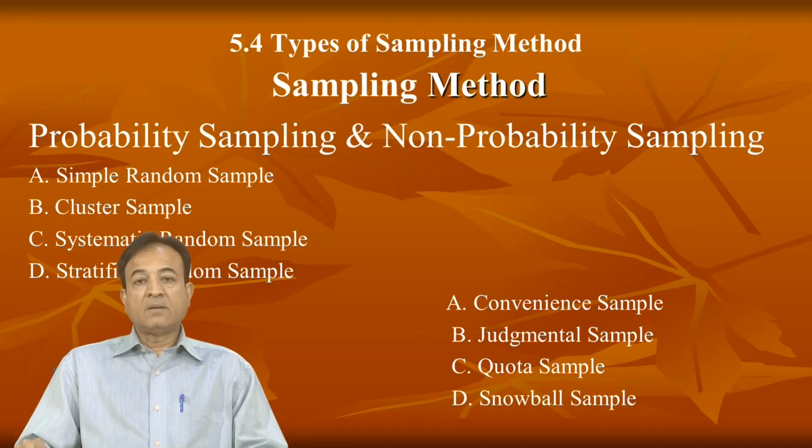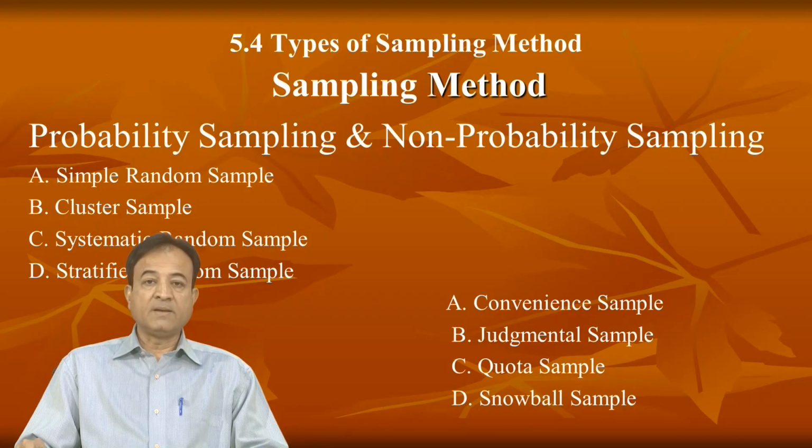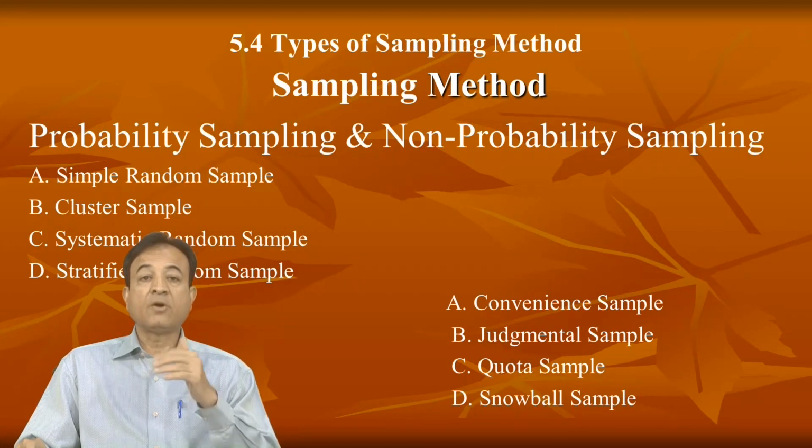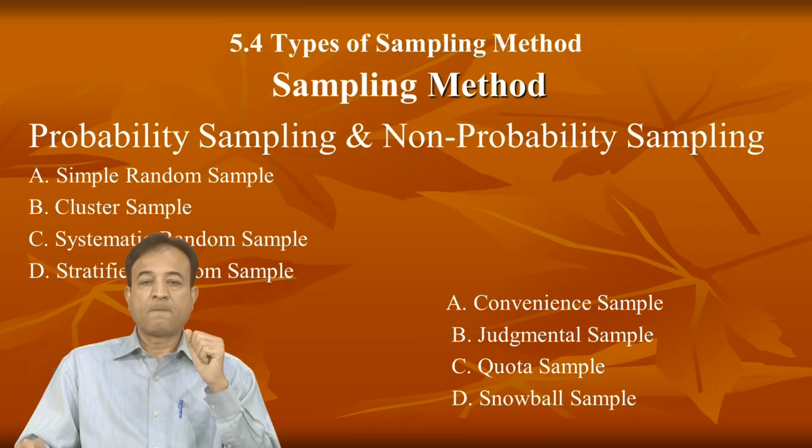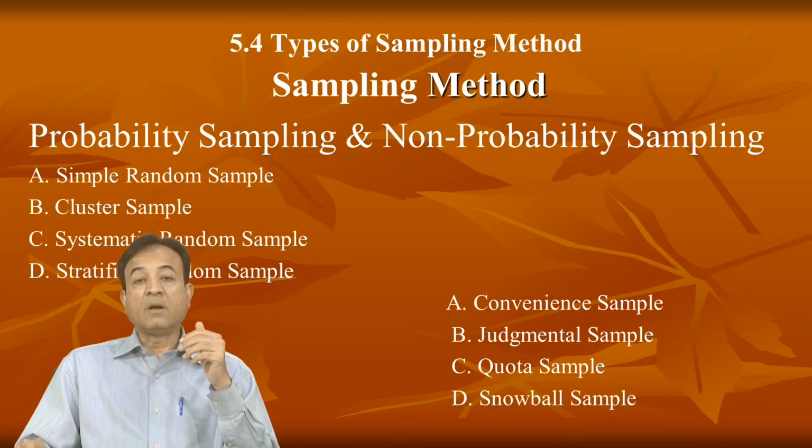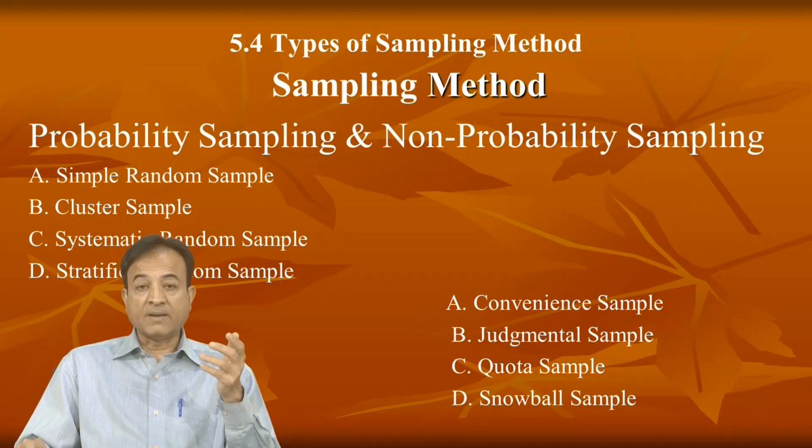This method is relatively weaker method for sampling selection as it does not provide equal opportunity to each element of the population. This method does not allow the researcher to be completely free from bias.